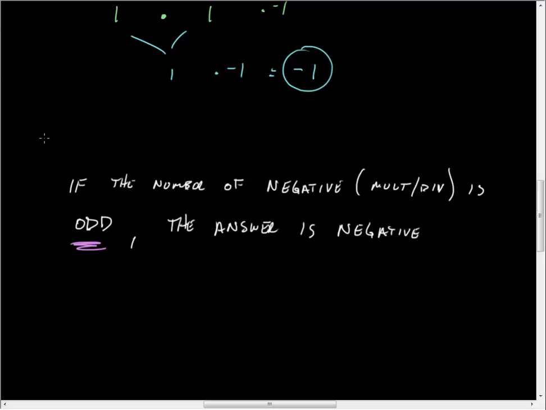On the flip side of that, if the number of negatives is even when multiplying and dividing, then the answer is positive.